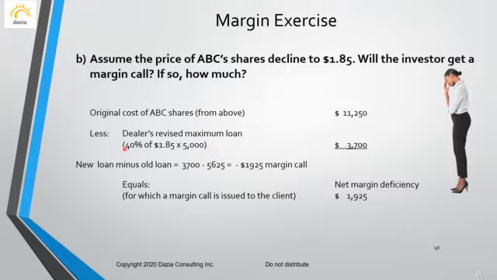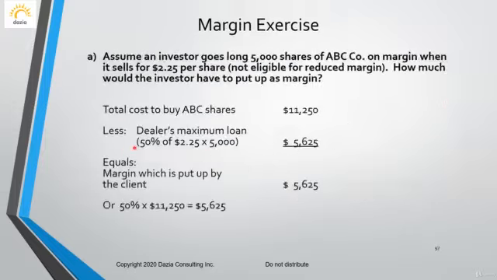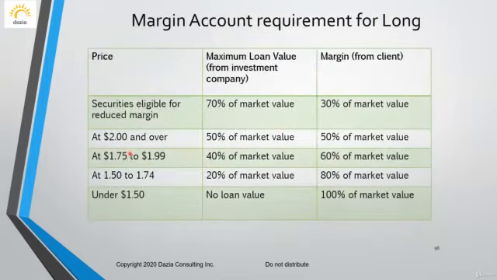Why do we get 40% instead of 50% here? Because from our margin table, if you remember, it was $2.25 and we were getting 50%, but now it's $1.85, so it falls in this range. And now the company is going to reduce the amount of money they can give you. They're going to say we can only give you 40%.